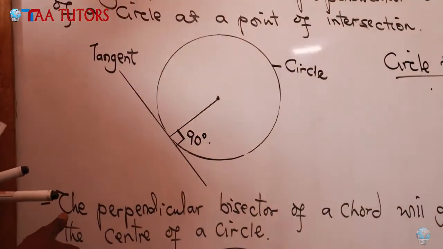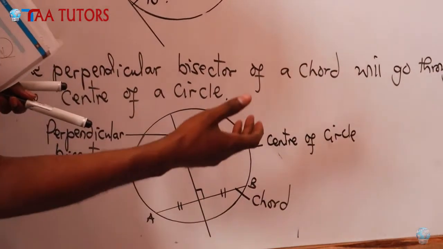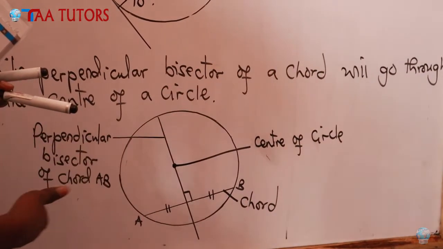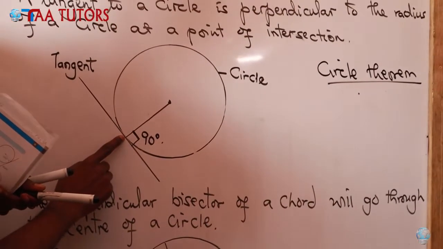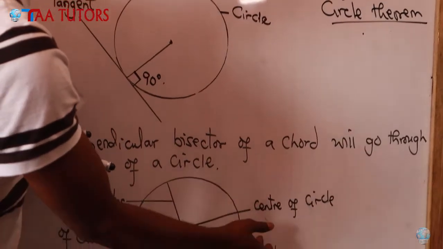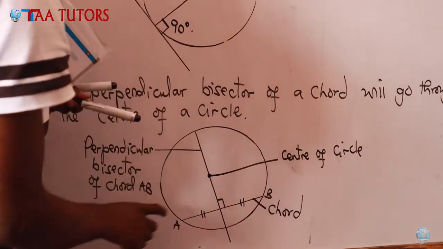Now the second idea we have to talk about is the chord. We said that a line can intersect a circle at 2 points or at 1 point. This line, which is forming a tangent here, is meeting the circle at 1 point. But there's also another line AB, which we are now calling a chord, intersecting the circle at 2 particular points.